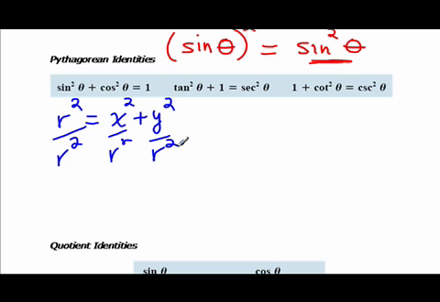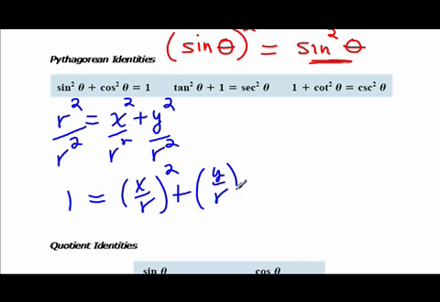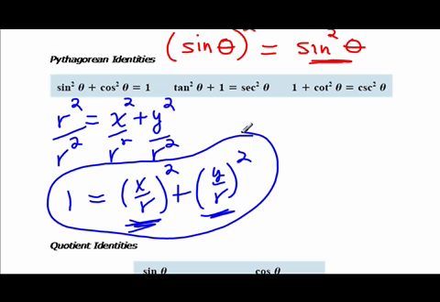Divide both sides of the equation by r squared. What happens? R squared over r squared becomes 1. X squared over r squared is the same thing as x over r, squared, plus y squared over r squared is the same thing as y over r, squared. This is cosine squared, and this is sine squared, again showing you that sine squared plus cosine squared is equal to 1.